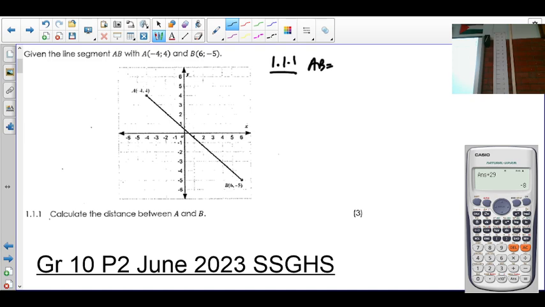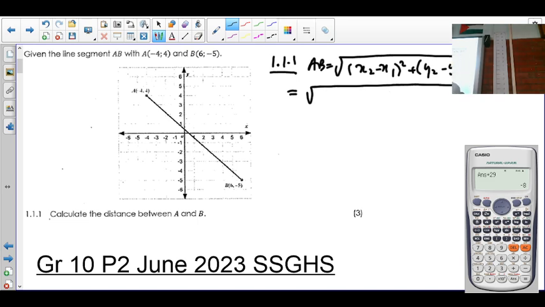AB follows a formula: the square root of (x2 minus x1) squared plus (y2 minus y1) squared. So that will give us the square root of (-4 minus 6) squared plus (4 minus -5) squared. So that gives me 10 squared plus 9 squared, which is going to be 181.